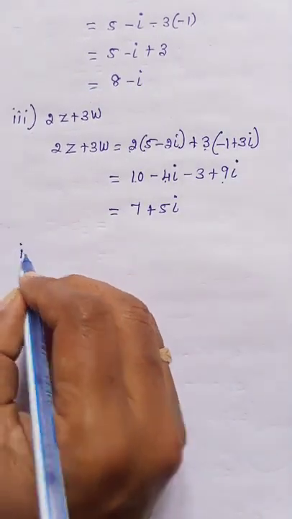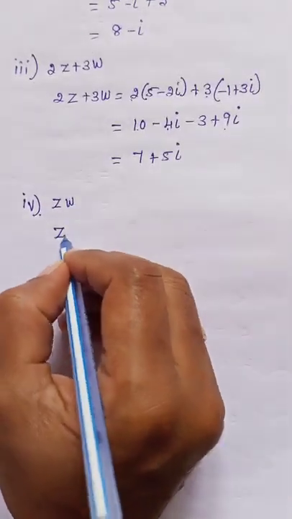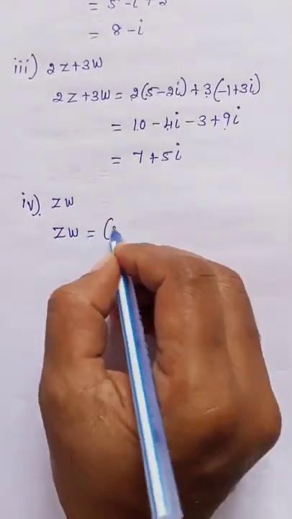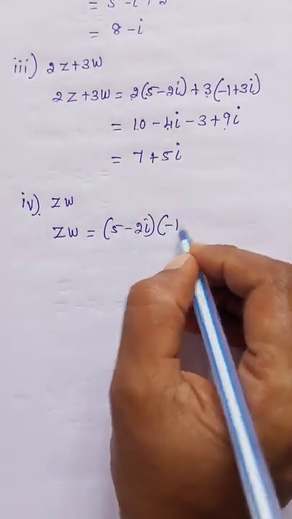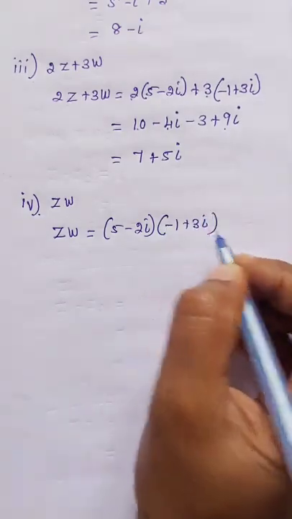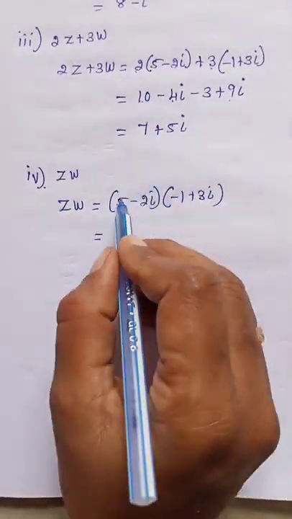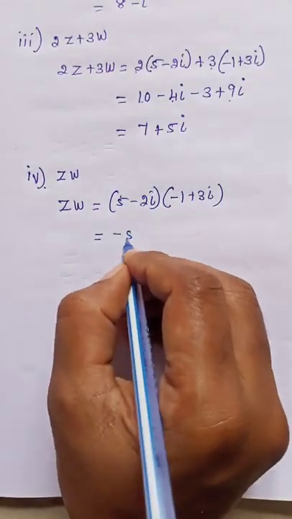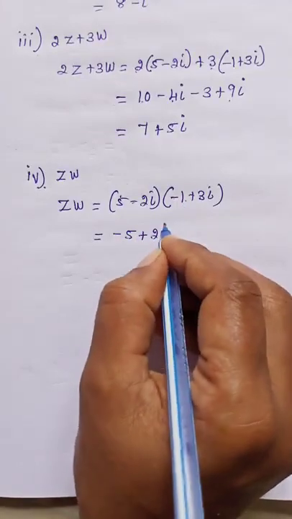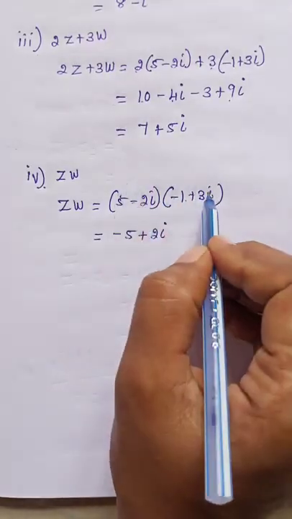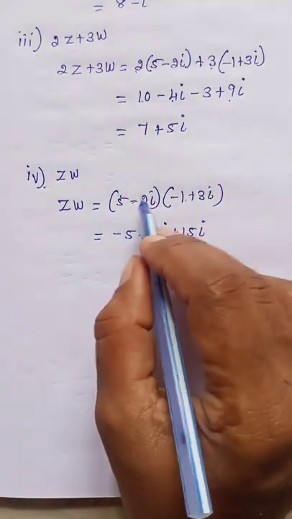That's all. Now we have 3 more subdivisions, that is z into w. This is multiplication. See, z, 5 minus 2i, into w, minus 1 plus 3i. Our ordinary multiplication. Shall we multiply? 5 into minus 1 is minus 5. Minus into minus plus, 2i into 1 is 2i. Now 5 into 3i, that is plus 15i.